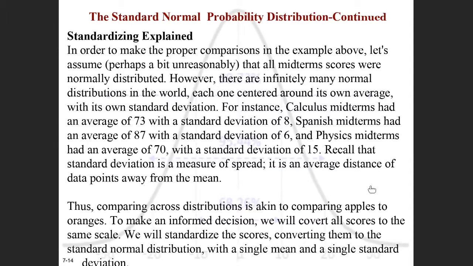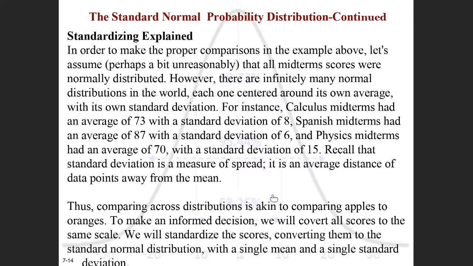So even when you know that information, you can make some generalizations about whatever you're measuring. In this case, it's courses. So when you compare across distributions, which is akin to comparing apples to oranges, you make an informed decision and you convert all the scores to the same scale. So if you've heard that saying, well, you can't compare apples to oranges.